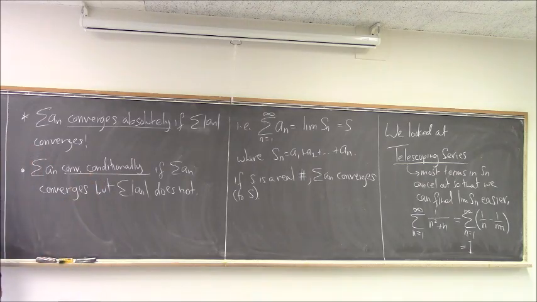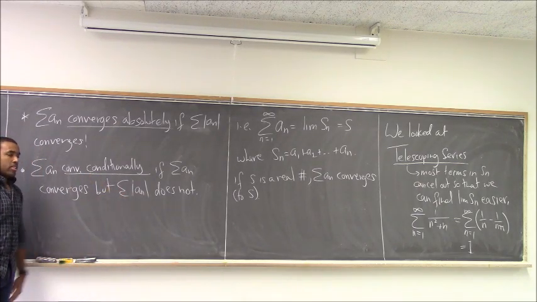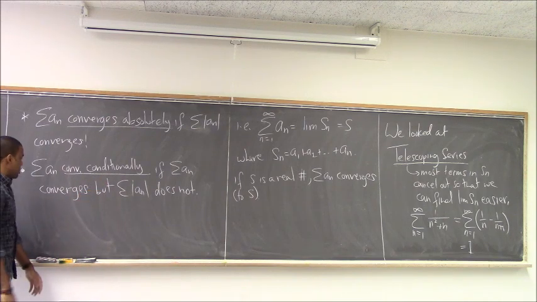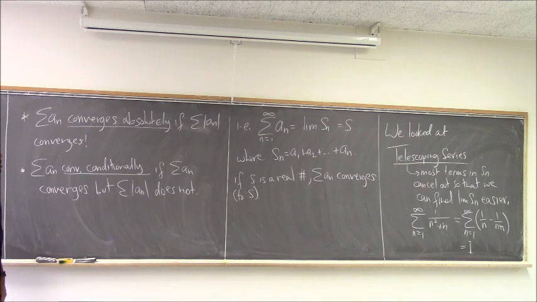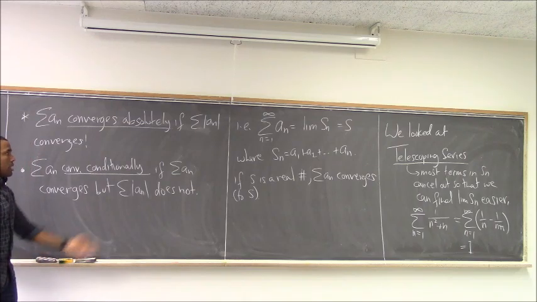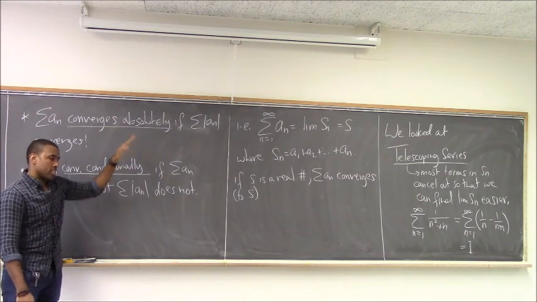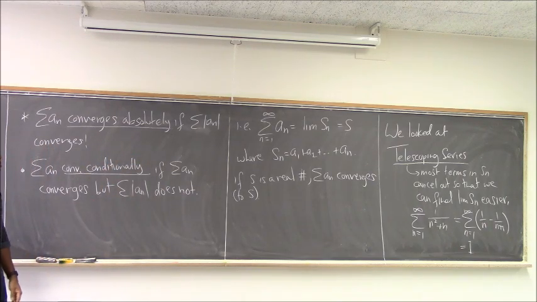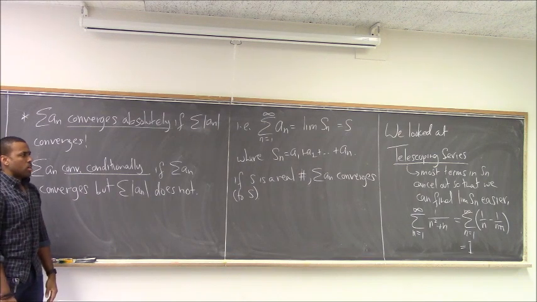Conditionally convergent sums are kind of fickle. I can change the value that they add up to by rearranging the terms, which is bad for a lot of math that we'll want to be able to do. So absolute convergence is going to be important to us, and as time goes on, we're going to work our way into absolute convergence slowly. But before that, we just want to be able to talk about convergence in general.